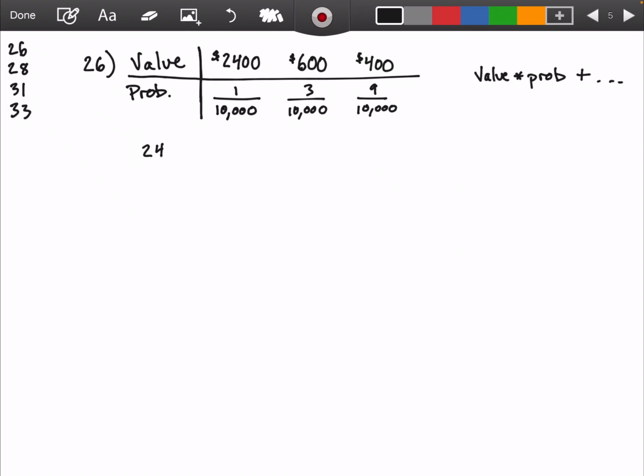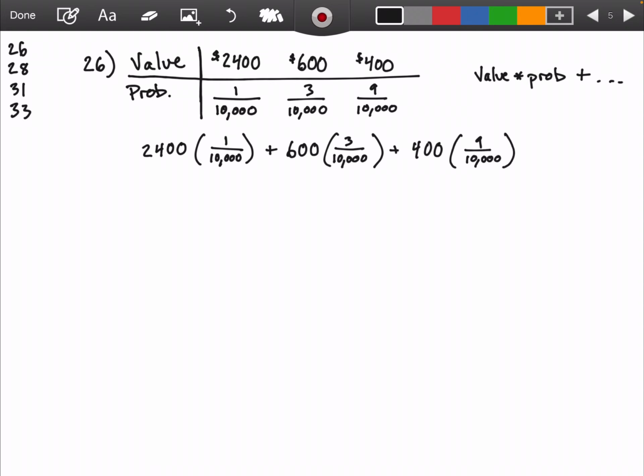So I'm going to go 2,400 times 1 out of 10,000 plus 600 times 3 out of 10,000 plus 400 times 9 out of 10,000. 78 cents.